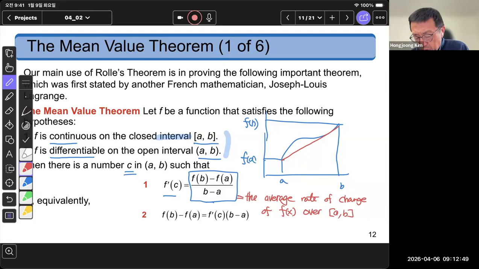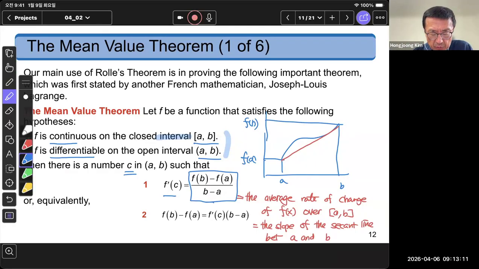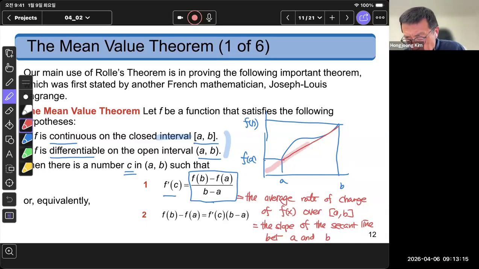or geometrically that was representing the slope of the secant line between A and B. When I say the secant line, that is representing the line passing through two points of the graph.